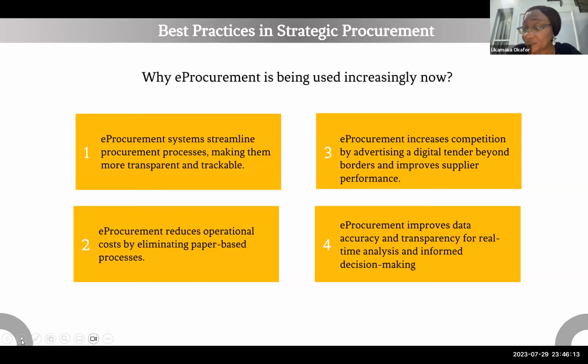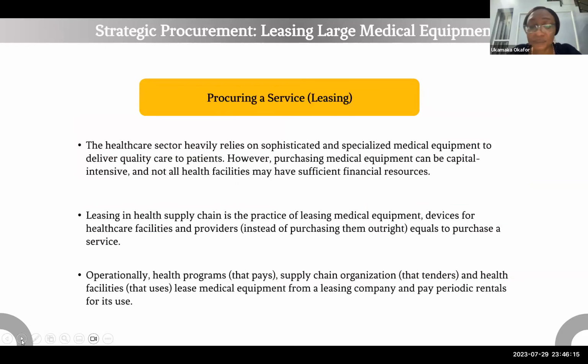Next slide. So, strategic procurement, leasing large medical equipment. We're going to talk about leasing and full procurement under strategic procurement. The healthcare sector heavily relies on sophisticated and specialized medical equipment to deliver quality care to patients.